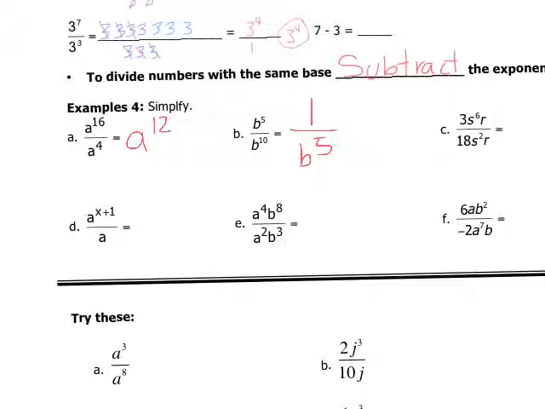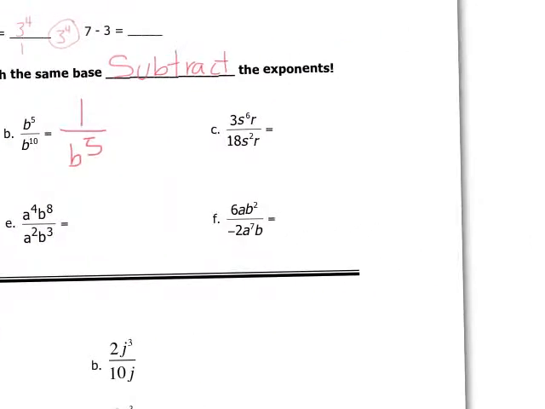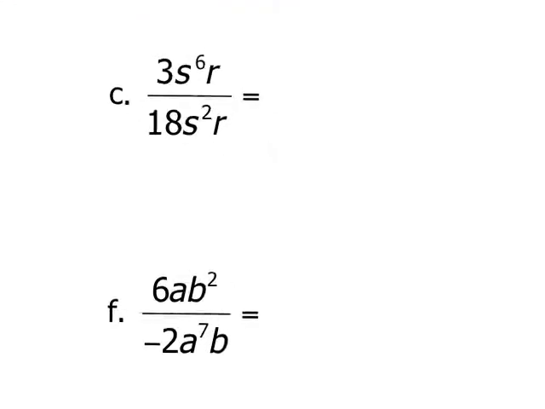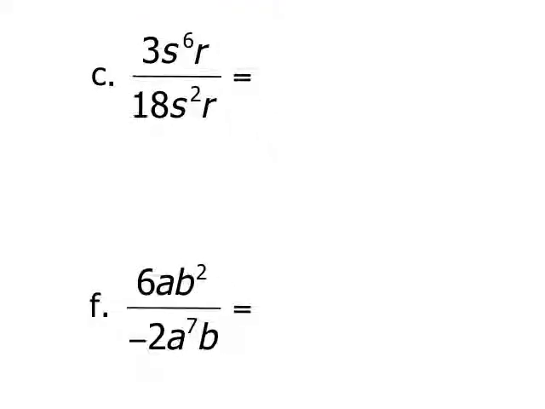All right, let's look at C and F together. On C, what is 3 divided by 18? Those are coefficients, right? 3 and 18 are coefficients, so I do what I see. If it was 18 divided by 3, it would be 6.